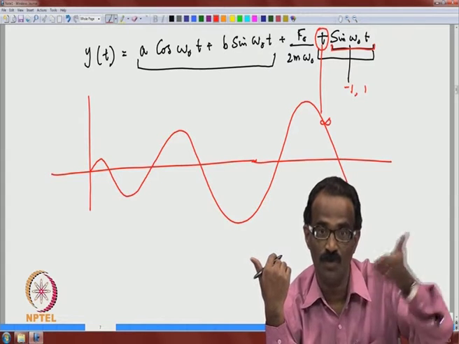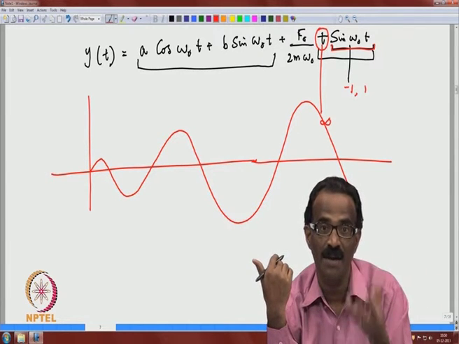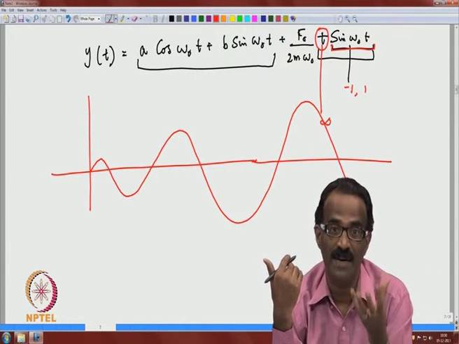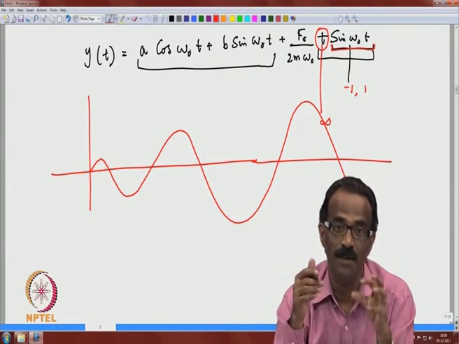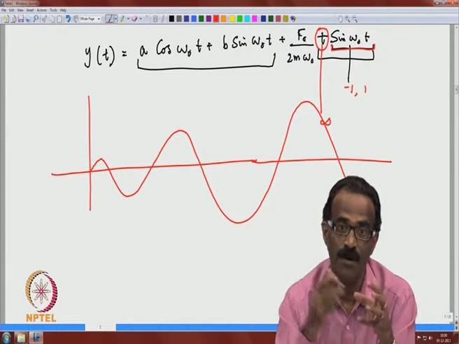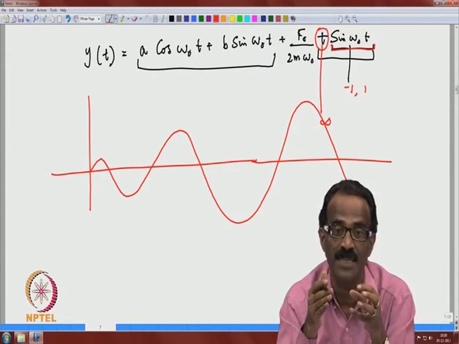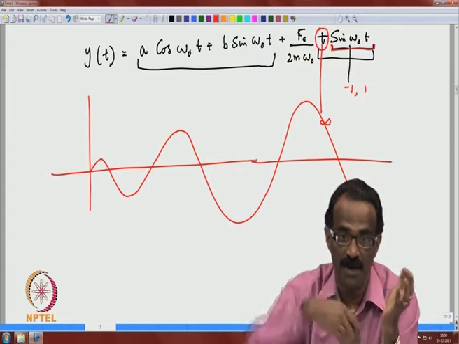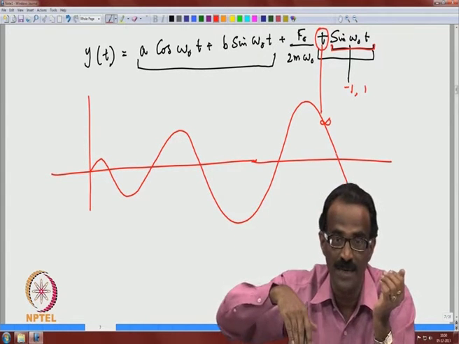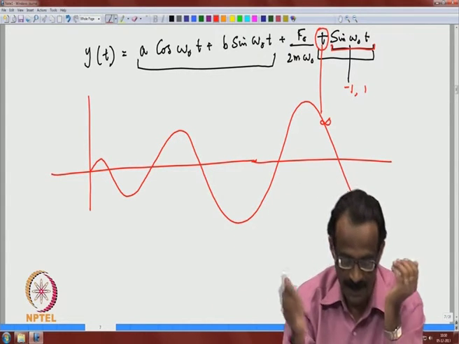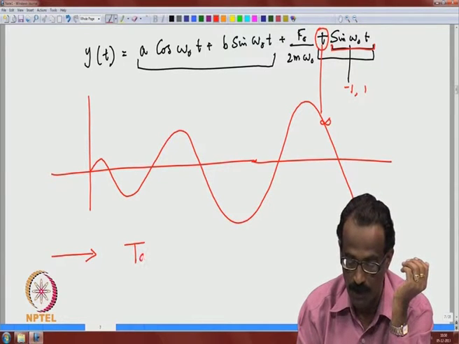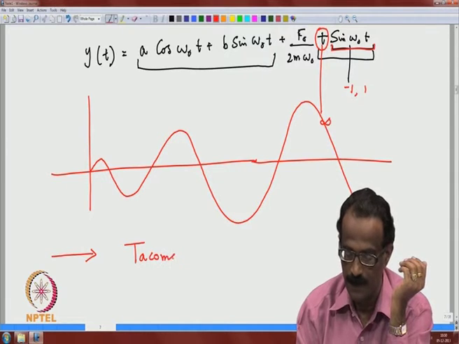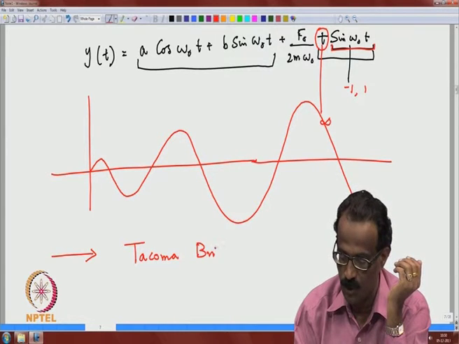If your bridge does not have enough damping, it is possible that the frequency of your bridge may coincide with the external frequency, and the bridge will start oscillating and collapse. This is the famous Tacoma bridge collapse, you should go and read about it.